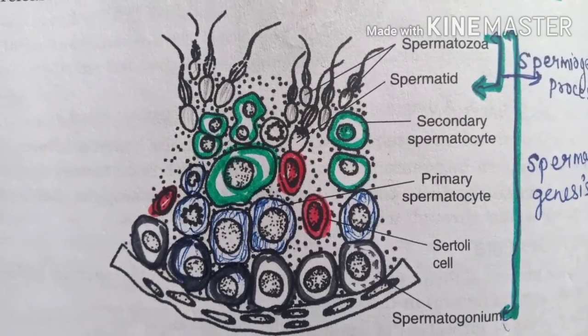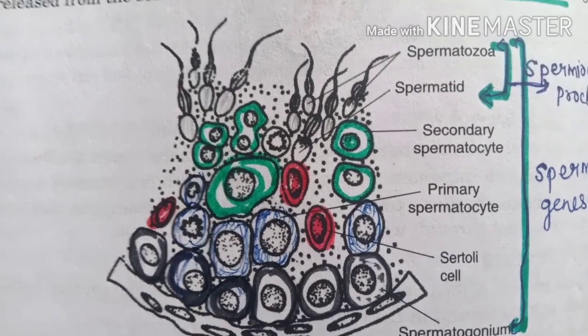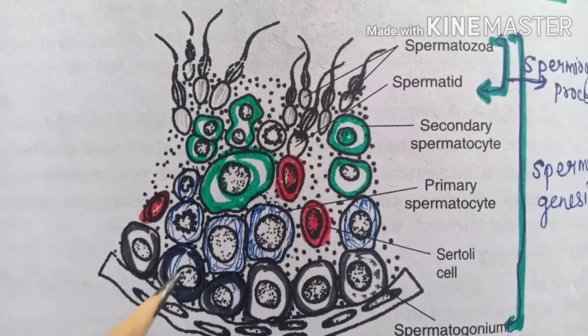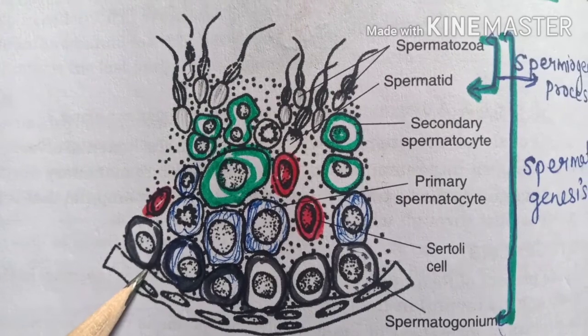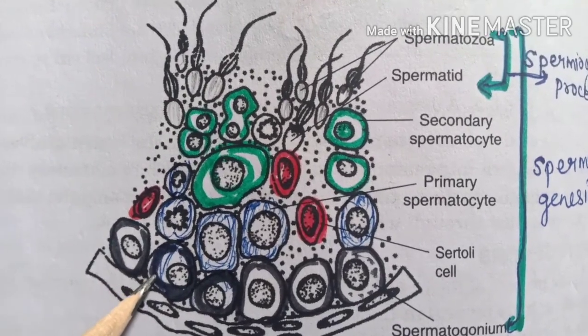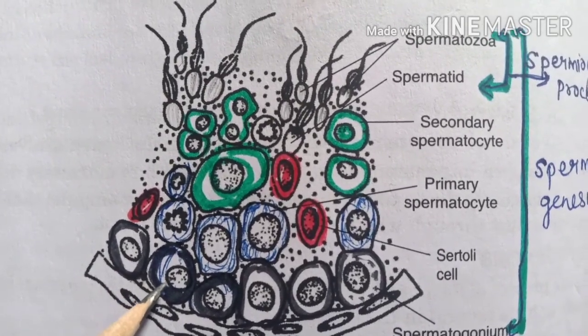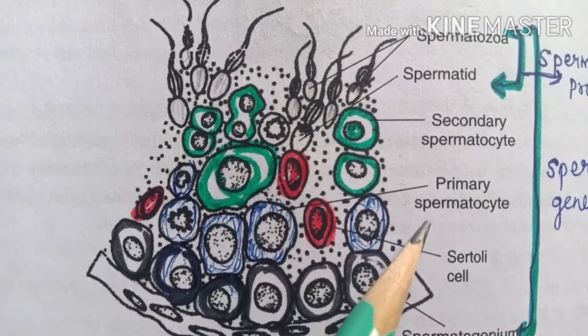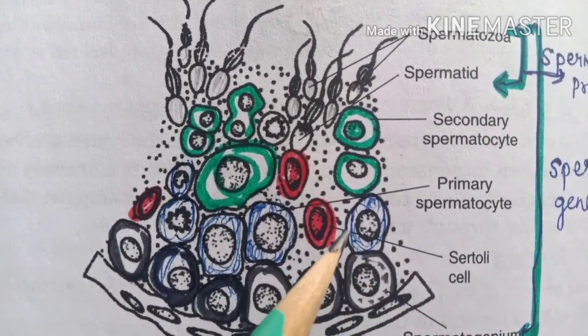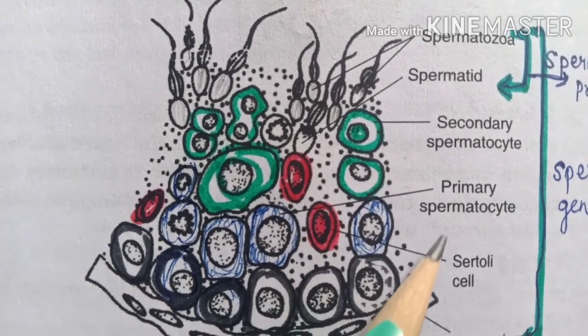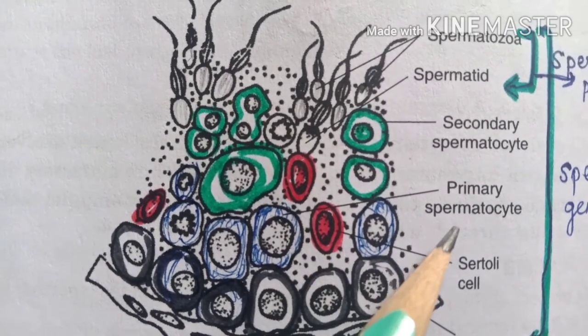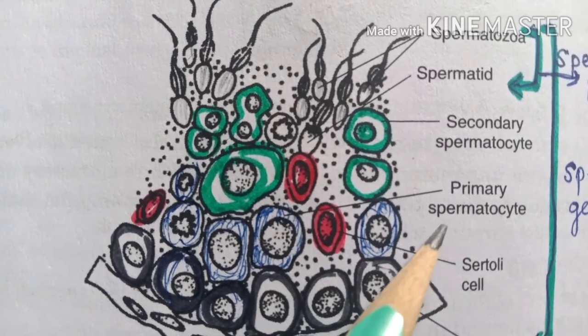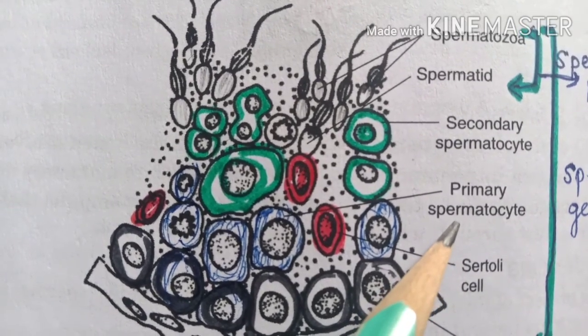At the bottom you see the spermatogonia, the dark black color cells. Spermatogonia undergo mitotic differentiation. They are further divided into primary spermatocytes. The blue color structure you see is the primary spermatocytes. In primary spermatocytes, the first meiotic division is going on.